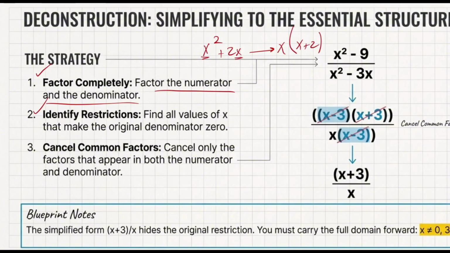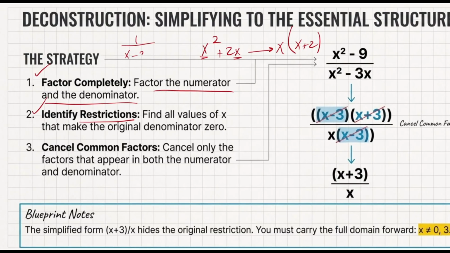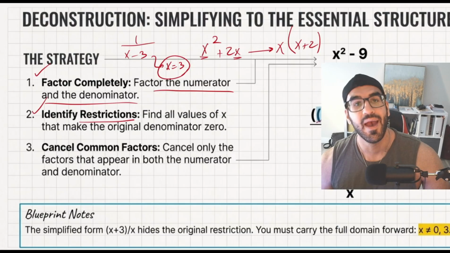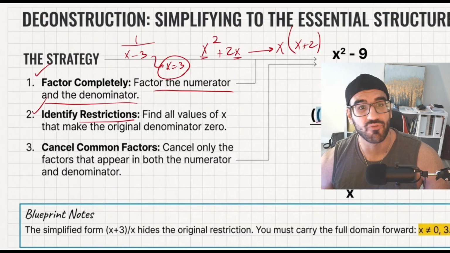Then I have to identify the restrictions. Remember about the last law. I have to find the points where, if I put numbers there, I'm going to have undefined. For instance, if I do have something like this, I know for a fact that x equal to 3 is going to be my undefined. This is a very important part because some of you are going to simplify everything, and at the end are you going to find the restrictions?